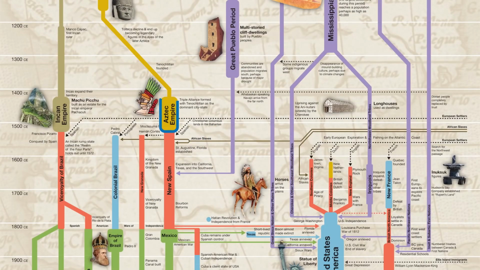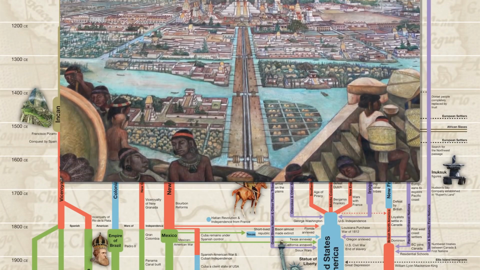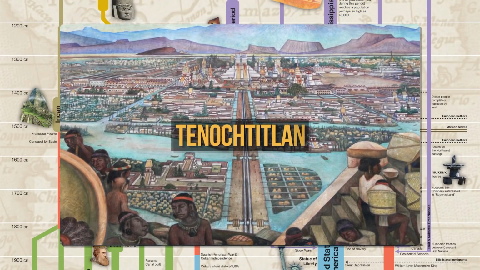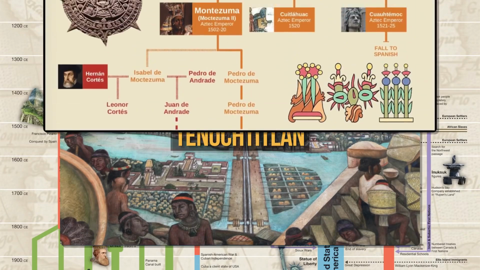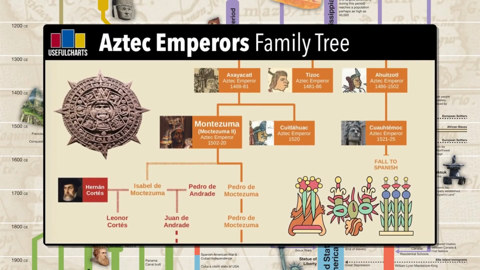Whereas the Aztecs were the ones who built the city of Tenochtitlan, the largest city-state in the Americas at the time of European arrival. We did a video about the Aztec emperor's family tree, so if you want to learn more about them, I suggest you check out that video, which I'll link to in the description.